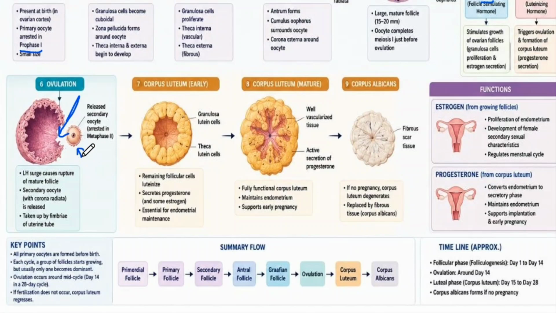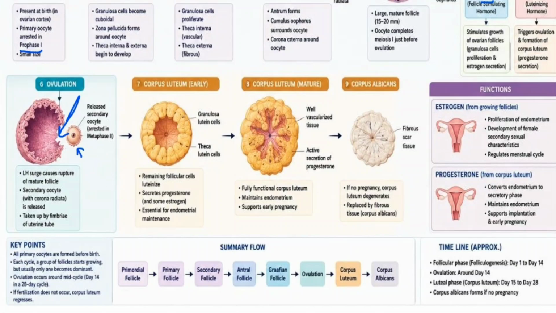This secondary oocyte is then captured by the fimbria at the opening of the uterine tube and enters the fallopian tube, where fertilization may occur. Remember, the cell released during ovulation is the secondary oocyte, not the mature ovum.